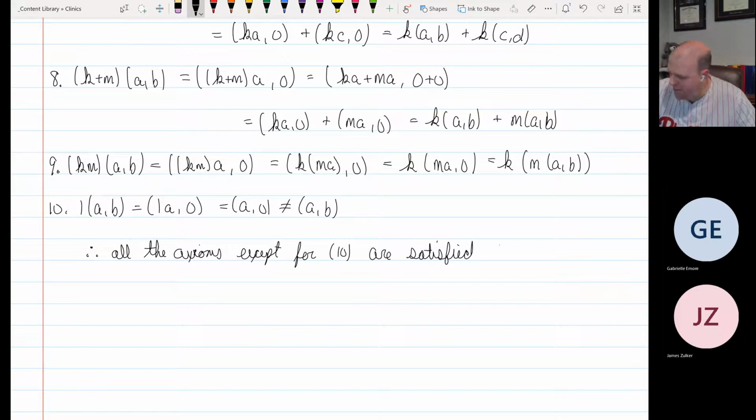So all the axioms except for number 10 are satisfied. That is what we wanted to prove, and so the proof is complete.